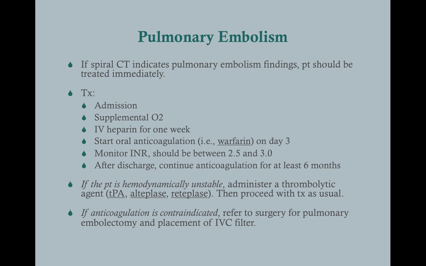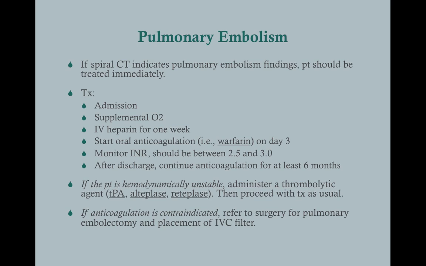If you have a patient where anticoagulation is contraindicated, say particularly a patient who has just gotten out of brain surgery, or any other patient that should not be on anticoagulants, then you should refer these patients to surgery. These patients will need a pulmonary embolectomy, which is an invasive procedure.